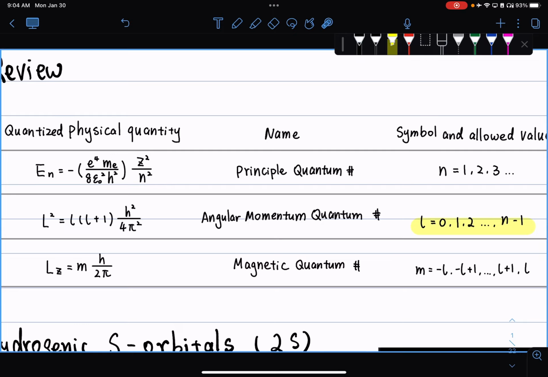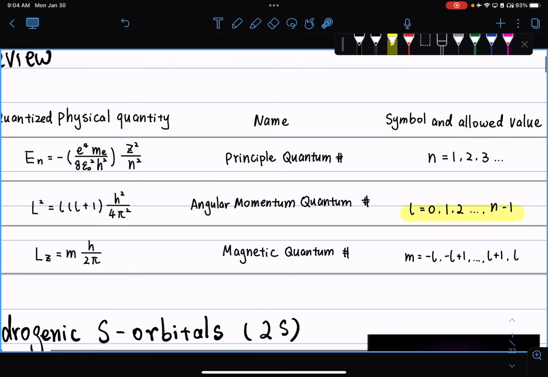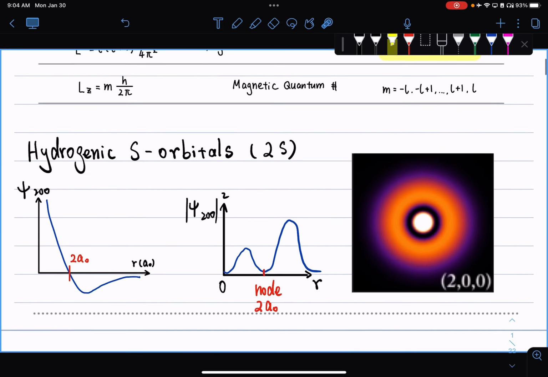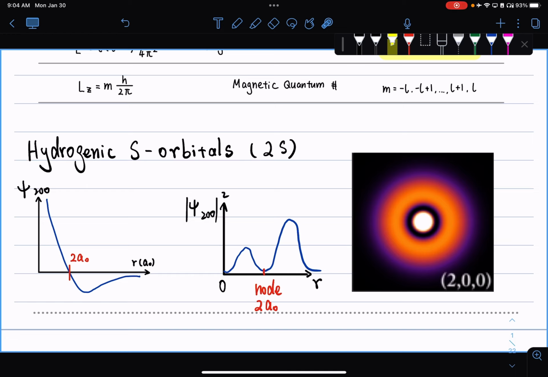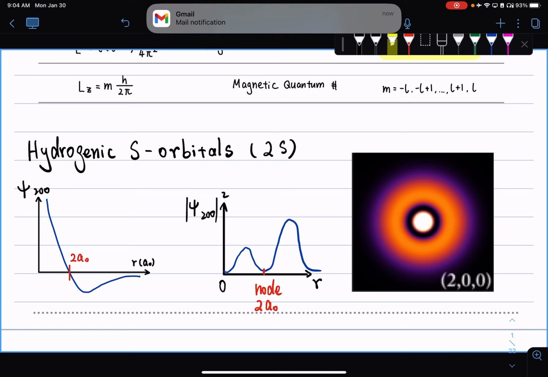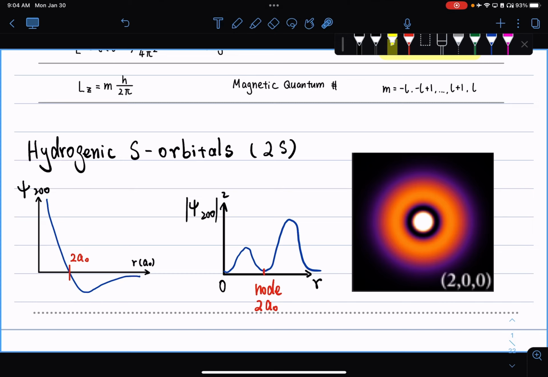And then we went over the actual solved s orbitals. Because we're talking about hydrogen atom, which has only one electron, the wave function can be solved exactly. So when we're talking about atomic orbital, it is equivalent to say the wave function we saw.